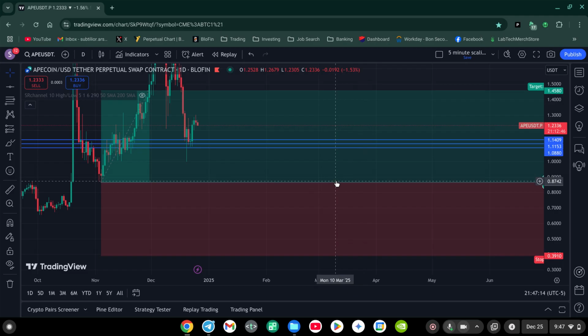Instead, this shows you the range at which the bot is opening positions. The bot that I have currently going is going long on APE coin, and so it's only going to be opening long positions from this area of about 0.86 up to about 1.45, right?